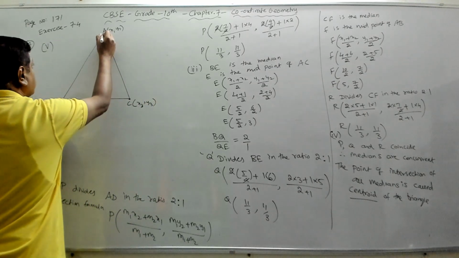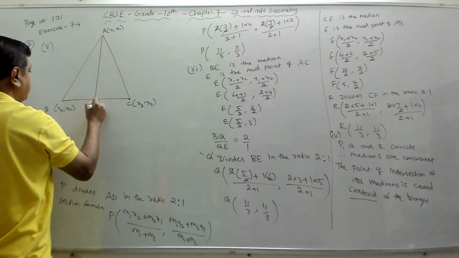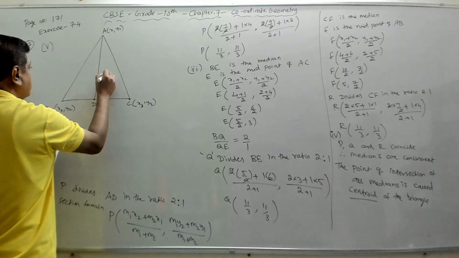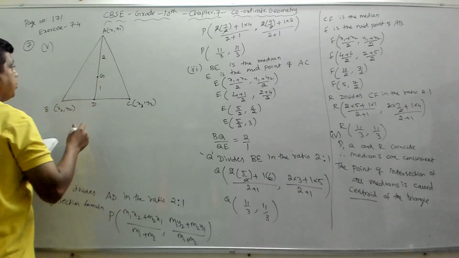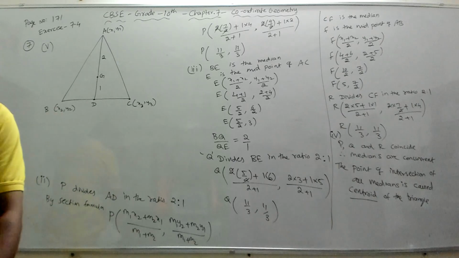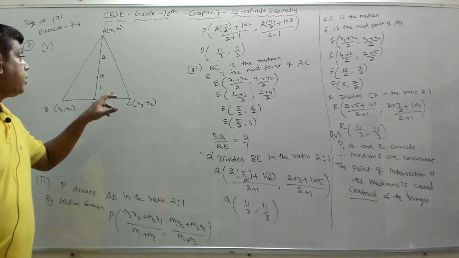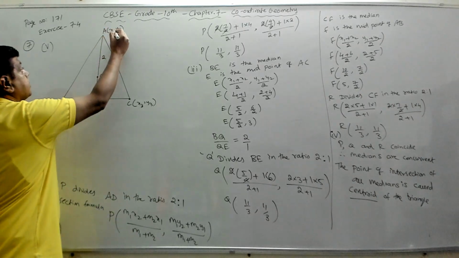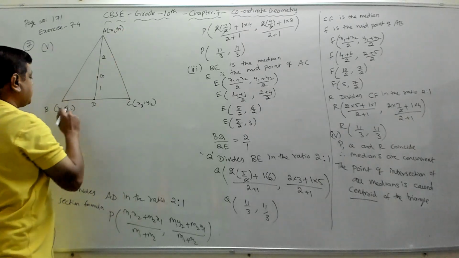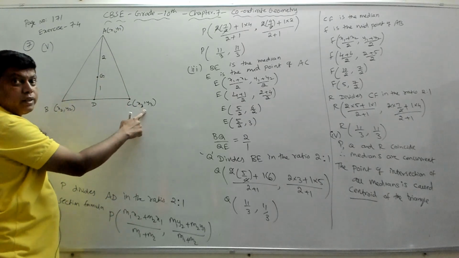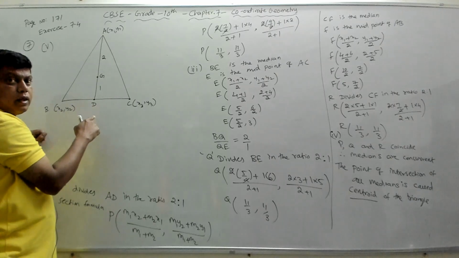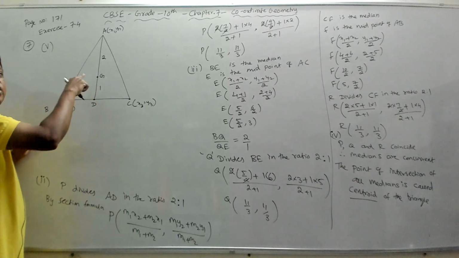Suppose AD is the median, and G is the centroid, which divides the median in the ratio 2:1. We have to find the coordinates of the centroid of triangle ABC.